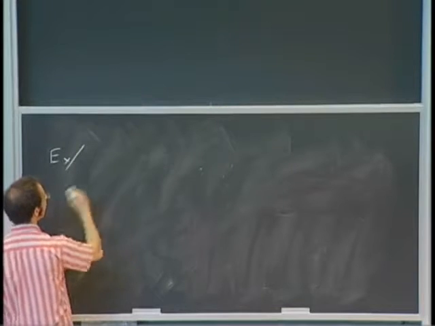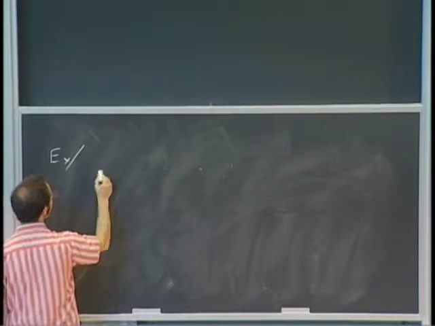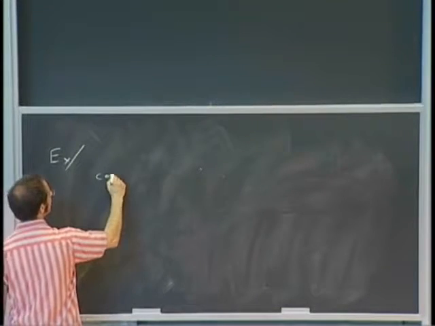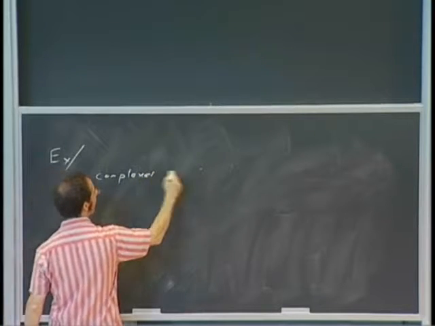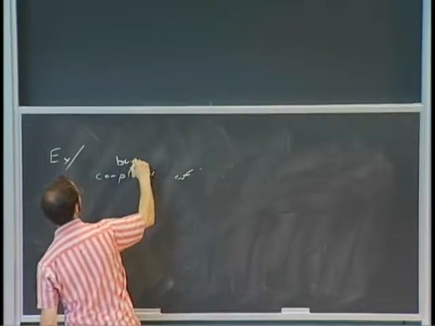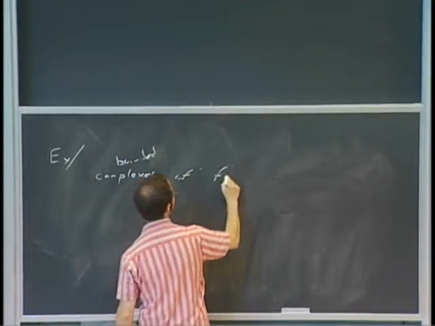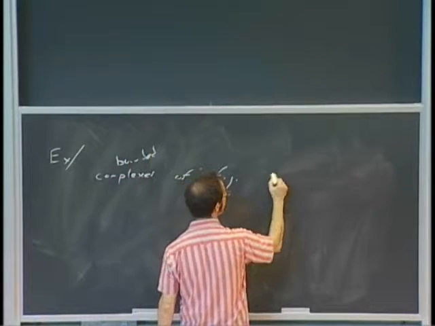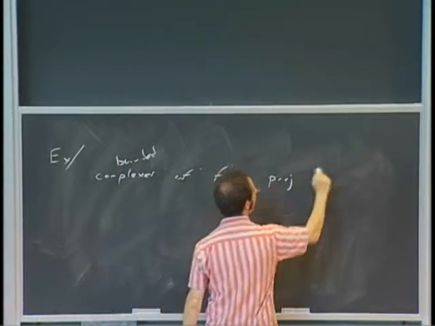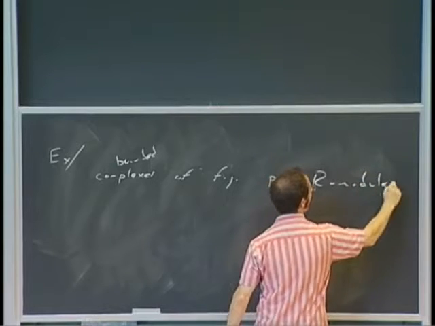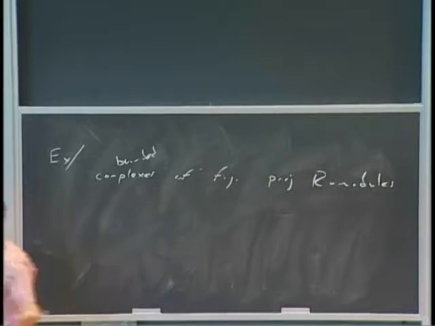Examples, for instance, bounded complexes of finitely generated projective R modules. And you have to ask, what are the cofibrations and what are the weak equivalences?